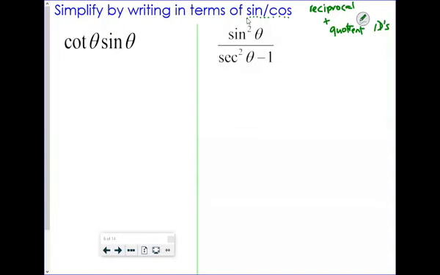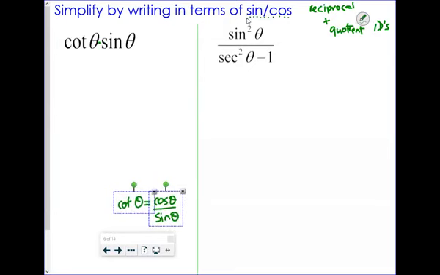This first one, we've got the cotangent of theta multiplied by the sine of theta. And hopefully you've written down somewhere that the cotangent of theta is equal to cos theta over sine theta. That's what you're thinking in the back of your head when you're doing this problem.